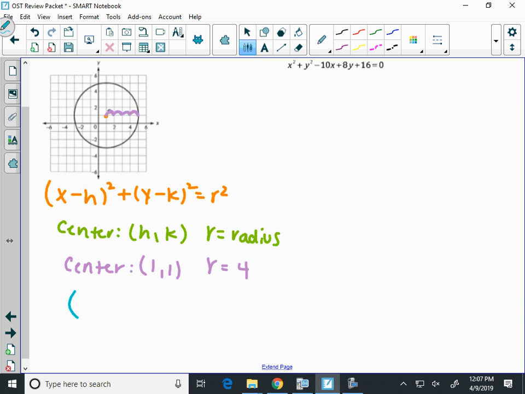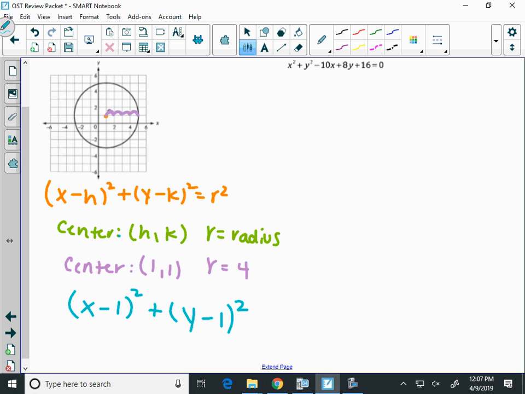It's going to always be parenthesis x. Whatever the x value of your center is, you plug it in for h. But what happens to the signs? If it's a positive one, when we plug it in, it turns negative. Then we have a y. When we have a positive one and we plug it in, it turns negative. The sign changes to the opposite.